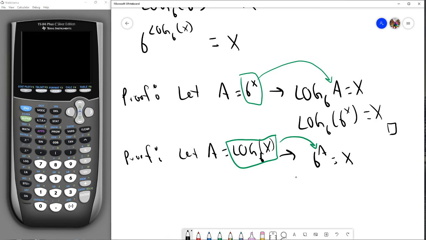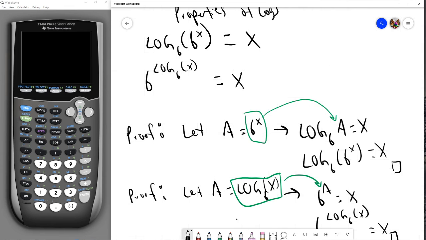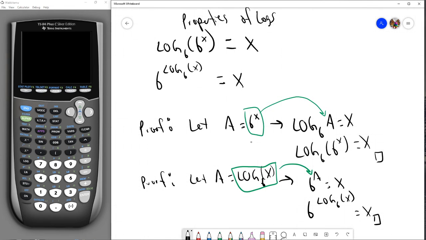And for a, you get b to the log base b of x is equal to x, end of proof. Alright, so we've verified our two properties of logs here. That's nice, easy little proofs. And these just follow directly from the fact that they are inverses of each other.